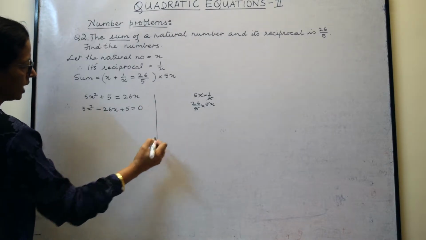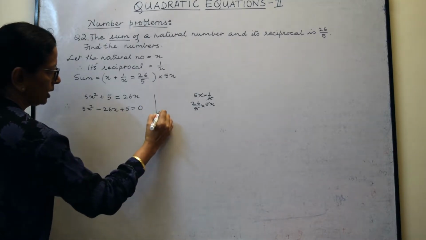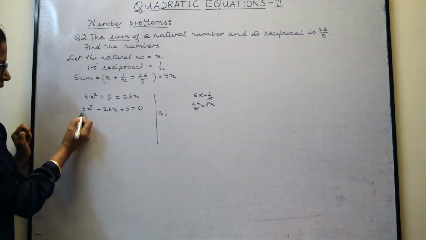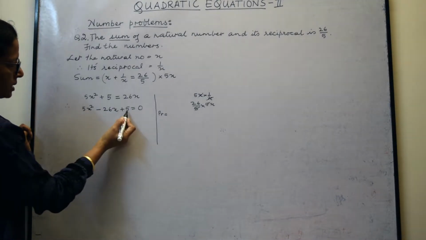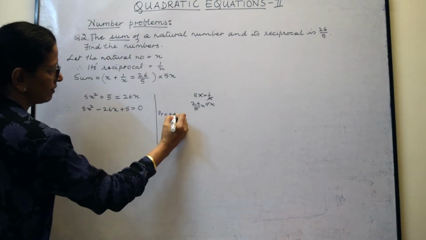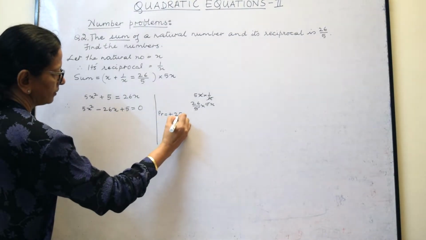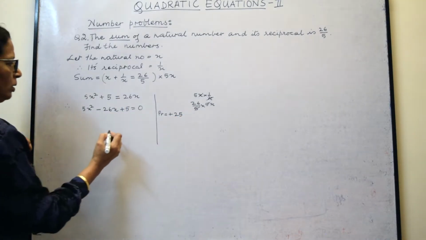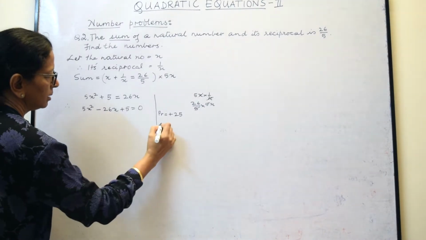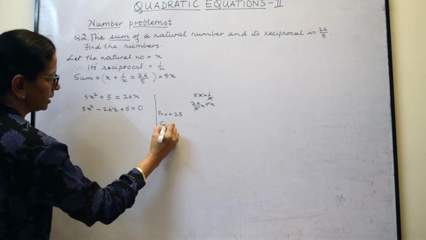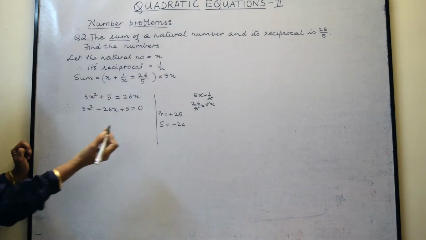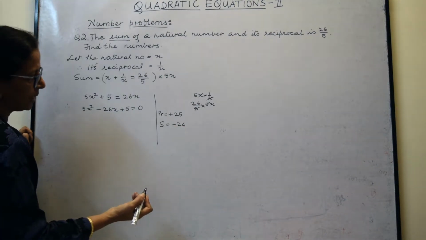Now, quadratic equation has to be factorized. So, what is going to be our product? The product is going to be this multiplied by this, and we look at the sign. This is a positive term, this is a positive term. So, product is 5 into 5 means what? 25. Now, the product is positive, so we look at the sum, and the sum is minus 26, which means both the numbers are less than 26.